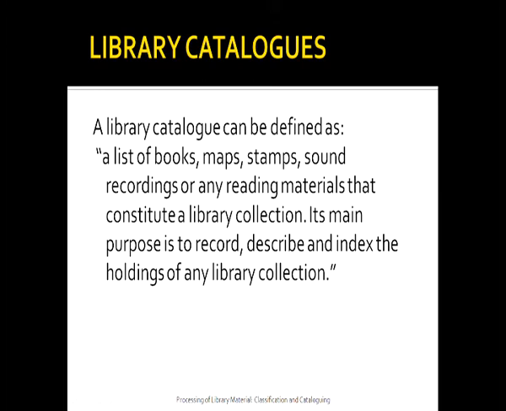Now, let us define a library catalog. A library catalog can be defined as a list of books, maps, stamps, sound recordings or any other reading material that can constitute part of a library collection. Its main purpose is to record, describe and index the holdings of any library collection.